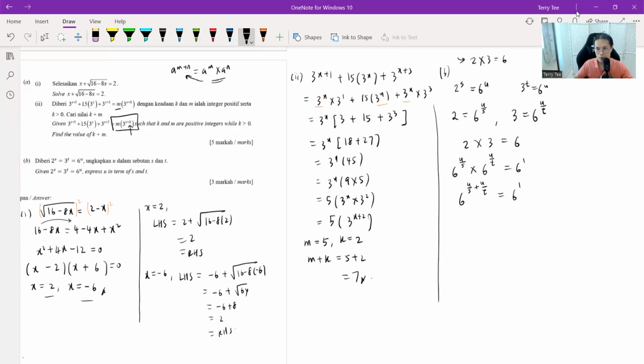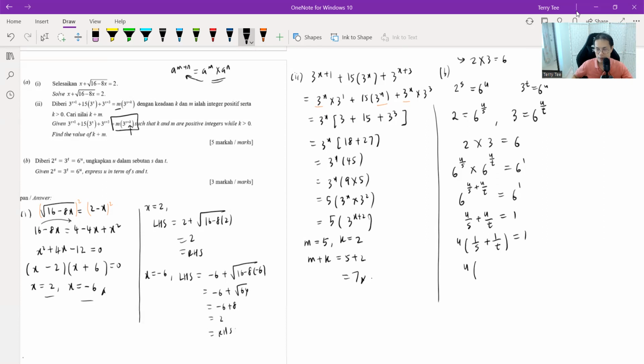All right, so we compare them. U over s plus u over t is now 1. Okay, I need to make u as a subject. So I like to factorize the u. 1 over s plus 1 over t. This is now 1. We put them together, cross multiply.